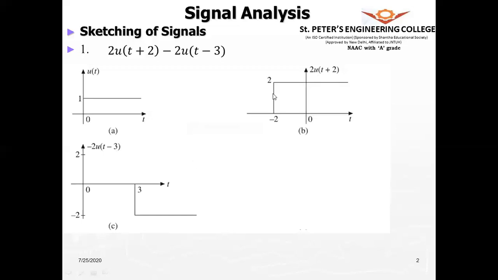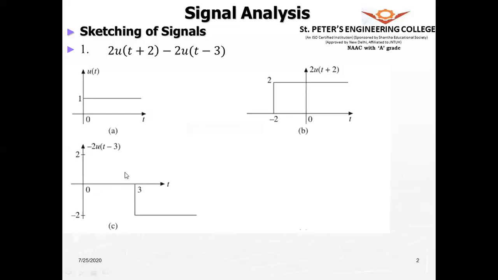If you can see, from the time interval 0 to 2, this 2 into u of t plus 2 exists, whereas minus 2 into u of t minus 3 does not exist before plus 3. It exists after plus 3 only. So all this part in this signal is 0.